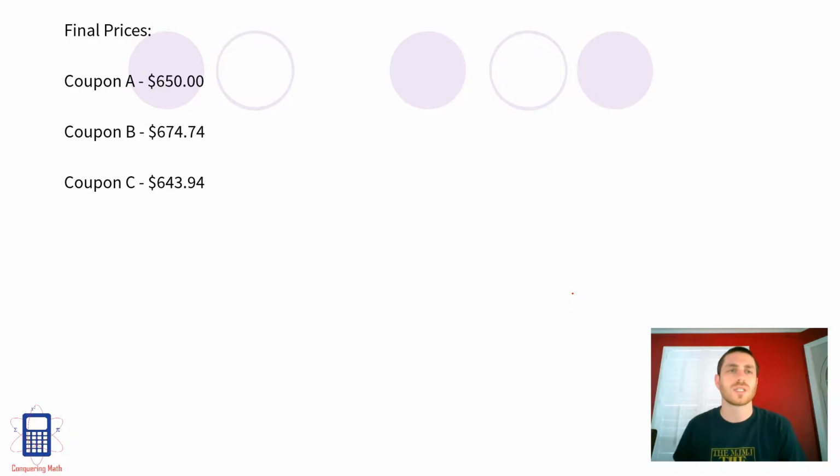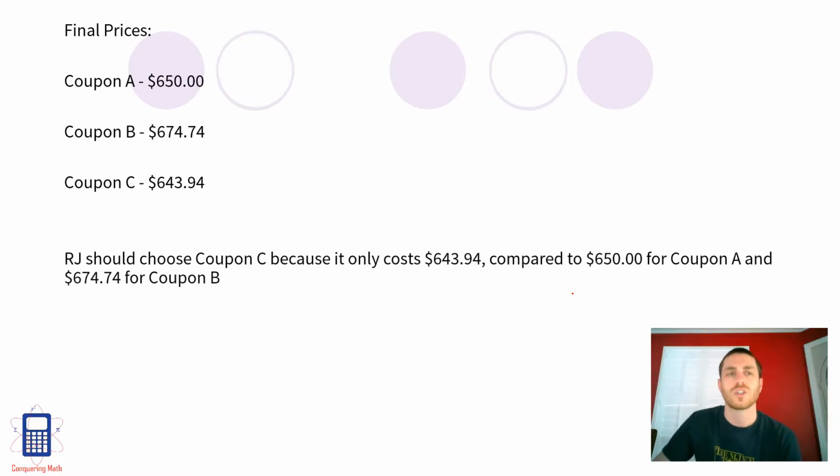So he saves a little more than $6 more with coupon C than with coupon A. So what we would say is RJ should choose coupon C because it only costs $643.94 compared to $650 for coupon A and $674.74 for coupon B. And that's it.